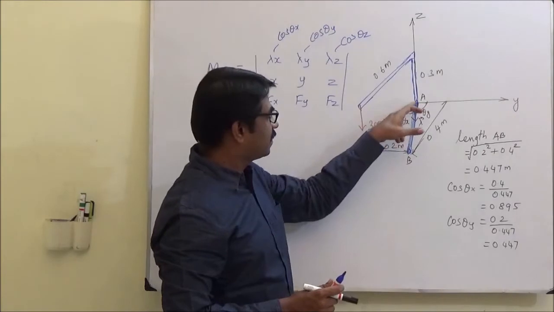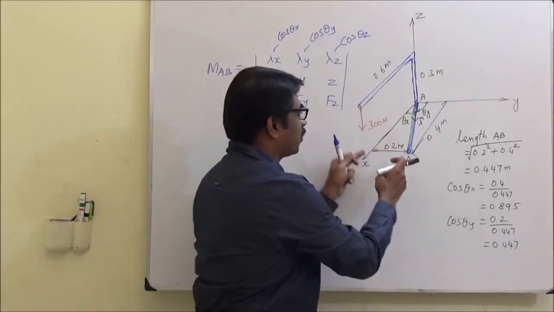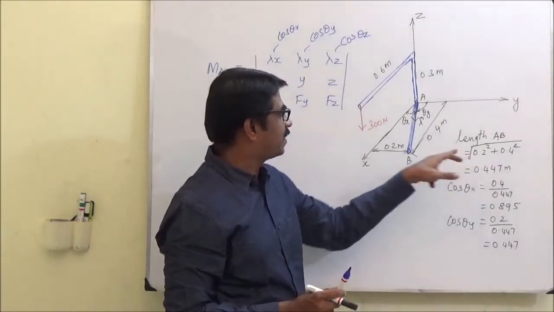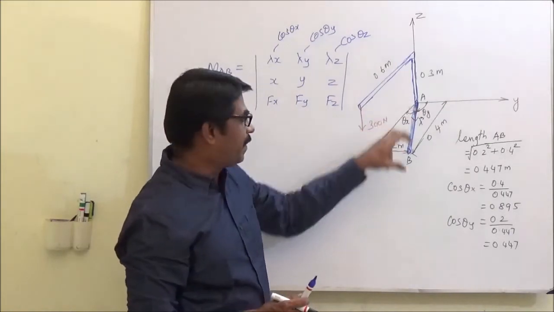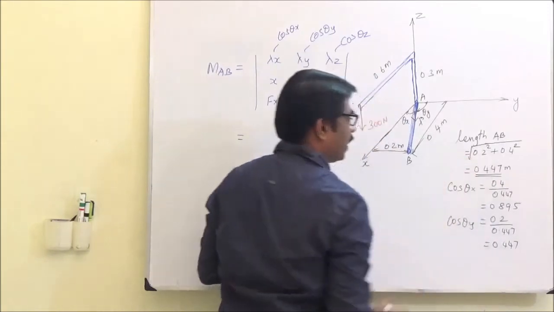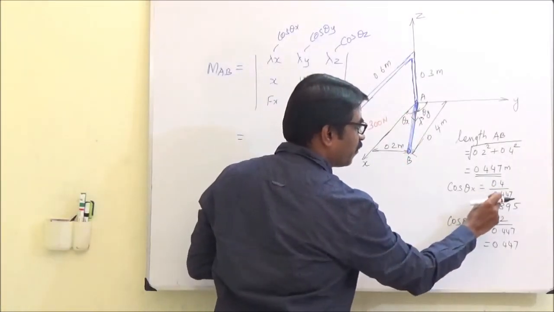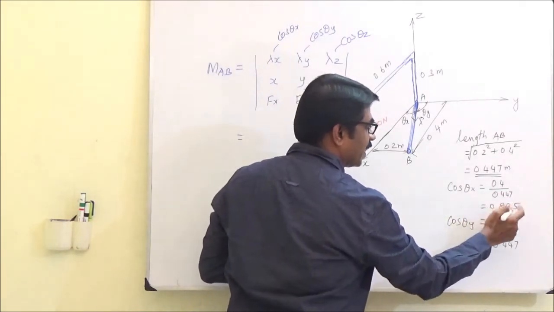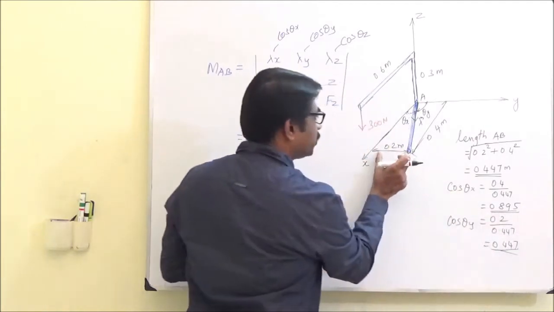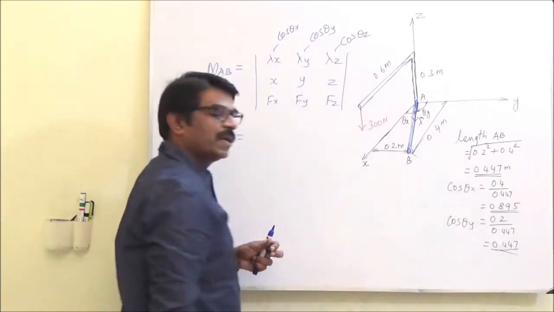So we find cos theta x. We see this is 0.4, this is 0.2, so we get 0.447 meter as the length AB. Now cos theta x is adjacent by hypotenuse, so 0.4 by 0.447 gives this value as cos theta x, and cos theta y is 0.2 divided by 0.447.